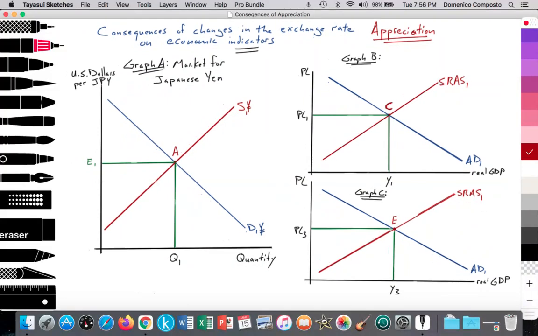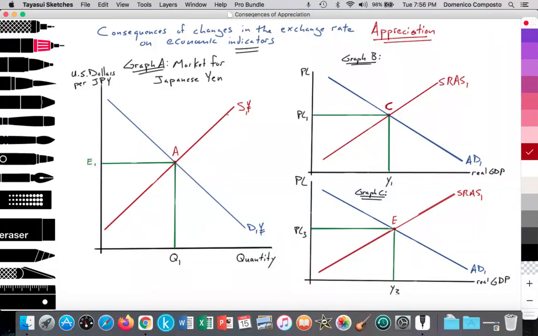So first, in graph A, and again, we're looking at the consequences of changes in exchange rate on economic indicators. This is a nice link between the global economy unit of the IB economics syllabus and the macroeconomy unit. We're going to be focusing, as I said, on the appreciation of a currency. So in graph A, it's the market for Japanese yen.